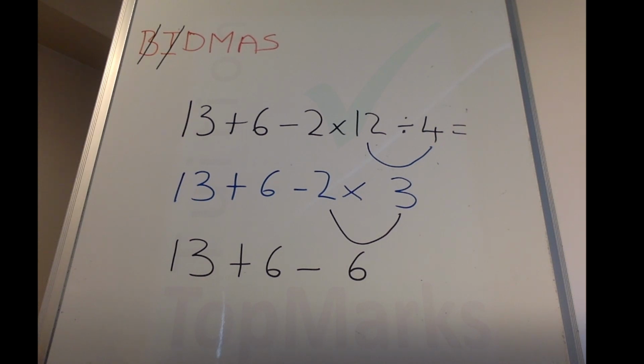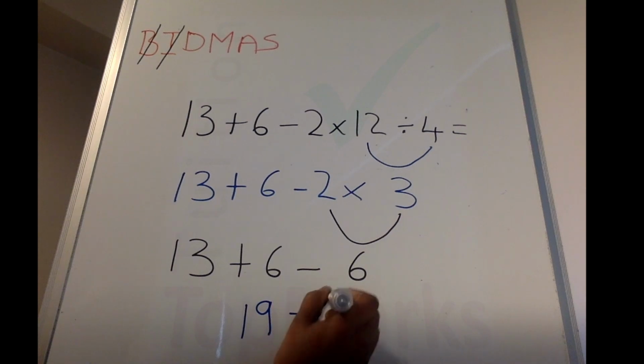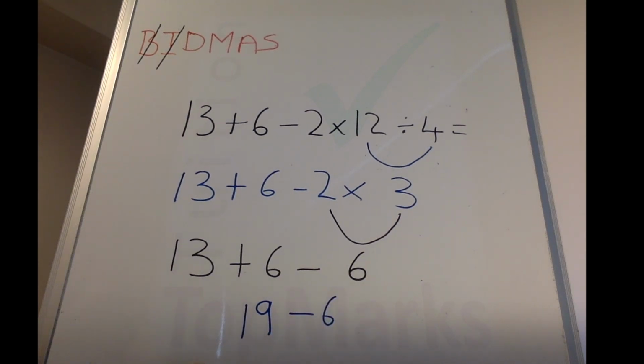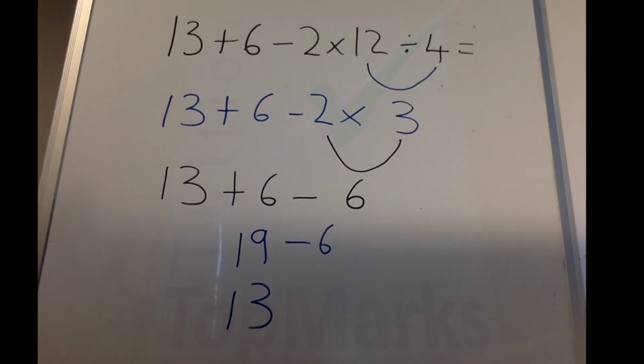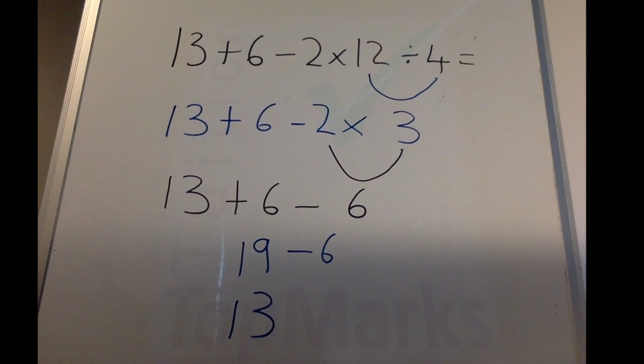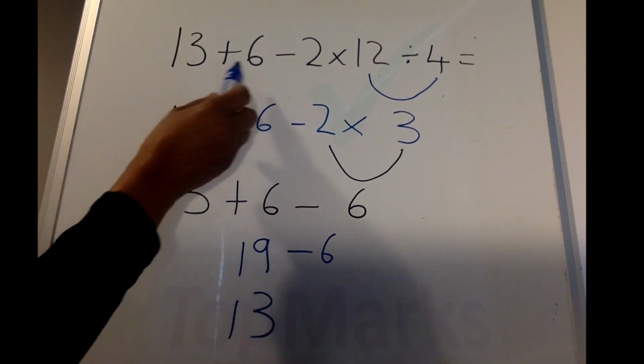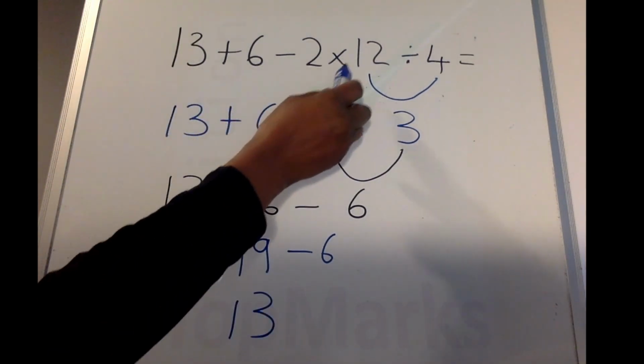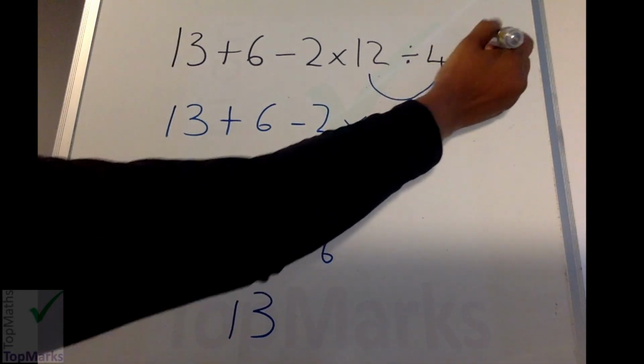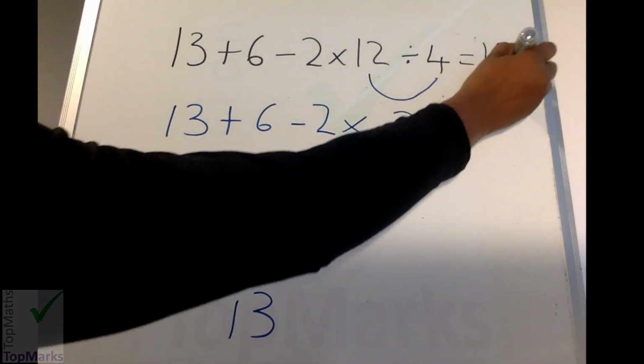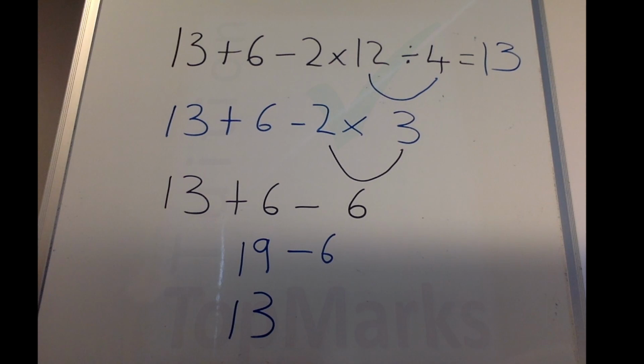So 13 plus 6 is 19. Take away 6 would give me an answer of 13. So my final answer to this calculation, 13 plus 6 minus 2 times 12 divided by 4, is 13. Well done.